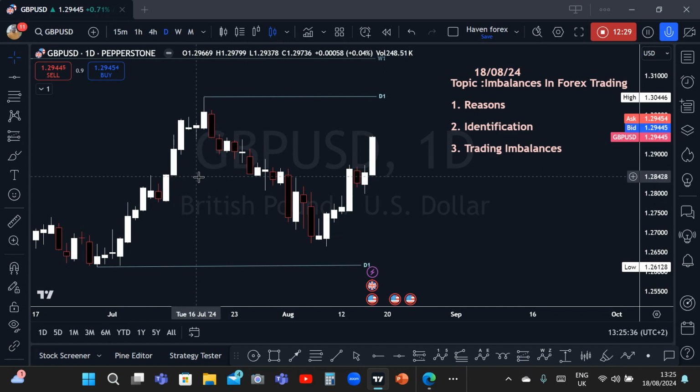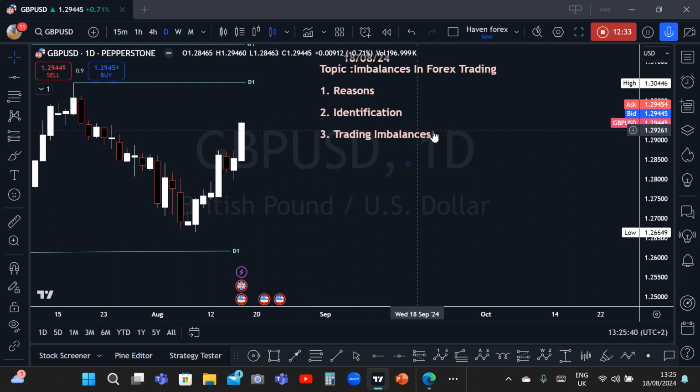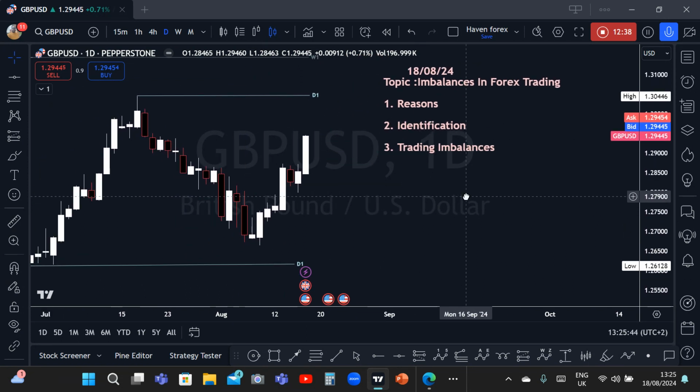It's very simple. Another point is how we can trade the imbalance. The first point is the entry point. Enter trade at market pullbacks to the imbalance area. This often provides a very high risk reward ratio, guys.